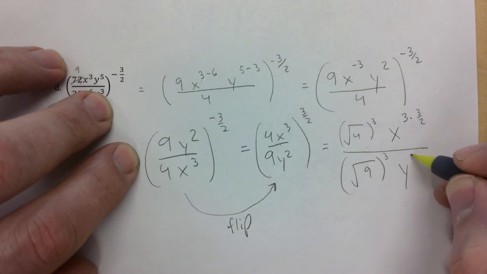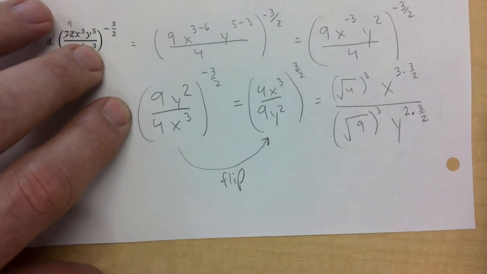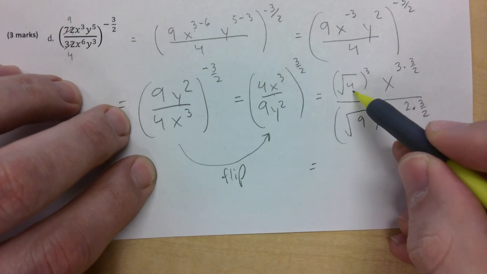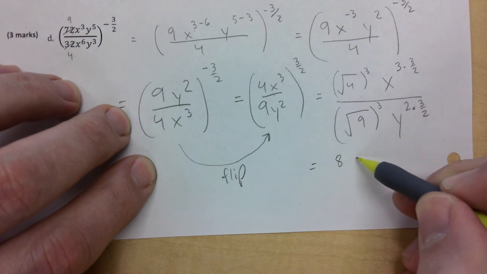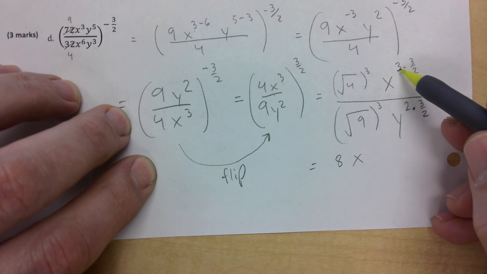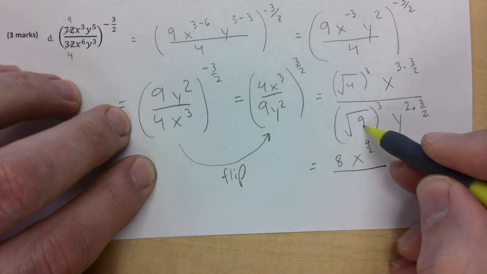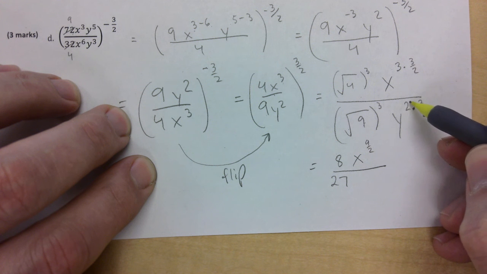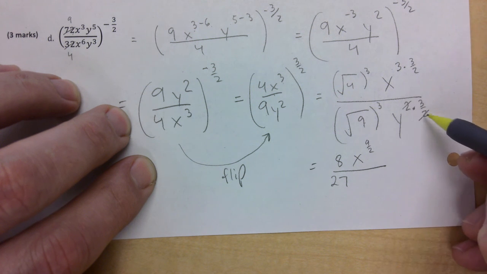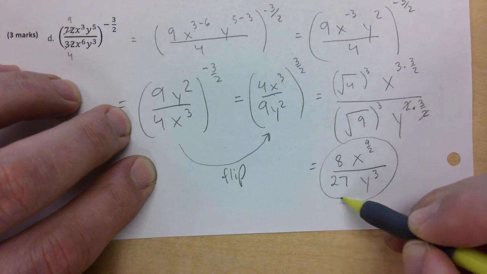And y is 2 times 3 over 2. And so you get, square root of 4 is 2, 2 cubed is 8. X, 3 times 3 is 9 over 2. Square root of 9 is 3, 3 cubed is 27. Actually, if you have 2 up and 2 down, you can cancel it out, so you're just left with y cubed. This is it, okay?